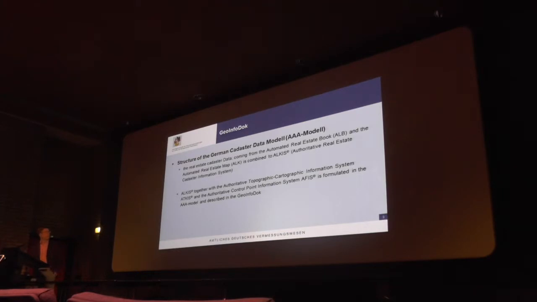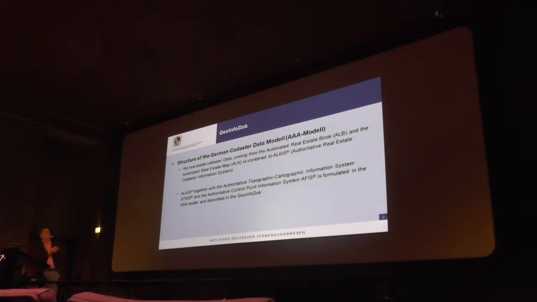It's a bit more difficult because the German cadastre has three data fields. The first one is the data from the real estate cadastre, and the data model behind combines the real estate book and the real estate map. It's combined in the ALKIS model, the authoritative real estate cadastre information system.